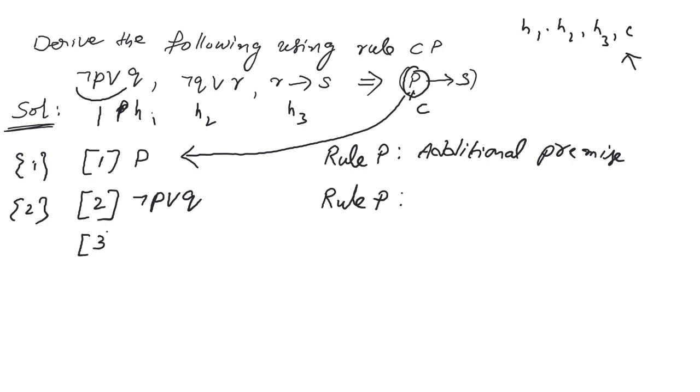Next, step number three, rule T. We all know that there is a rule: when negation P or Q is true and P is also true, that implies Q is true, right? This is known as disjunctive syllogism.